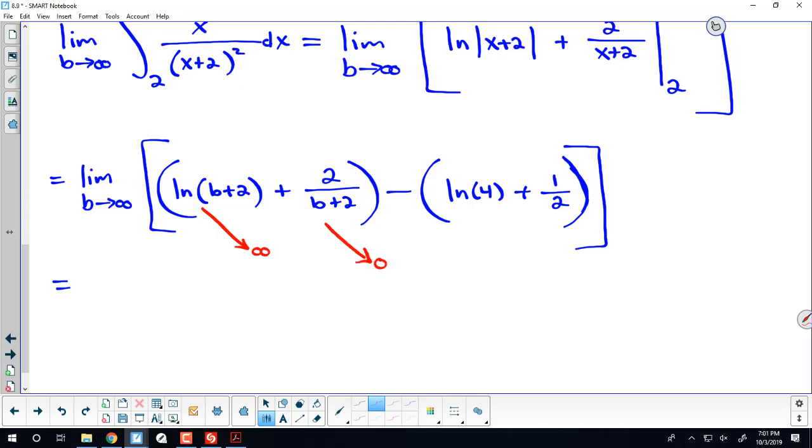This is a finite number over here. So you've got infinity plus 0 minus some number, still infinity. So we have another divergent integral or infinite area.